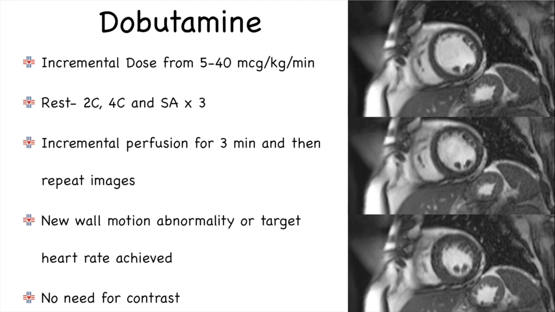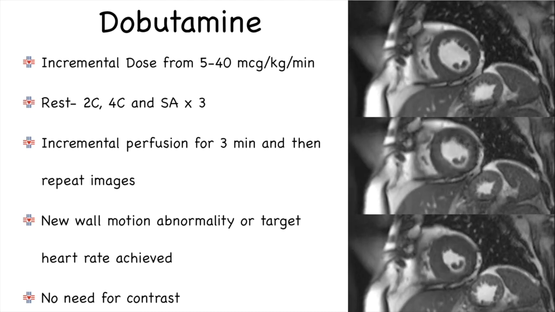After this is done, we further increase the dose of dobutamine and repeat the whole process until a point where target heart rate is achieved or a wall motion abnormality is induced.